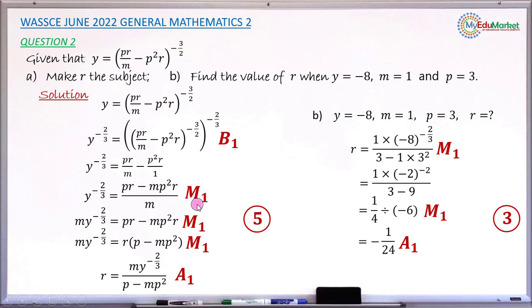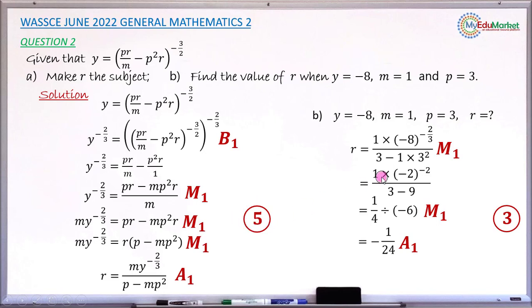Further simplifying in an attempt to get R as subject, where you cross multiply, you have a method 1 mark. When you factorize R out correctly, you have another method 1 mark. And when you have R as the subject of the formula, exactly R equals M y raised to the power of minus 2 over 3 all over P minus MP squared, you have an accuracy 1 mark. So question A has 5 marks if everything is correct.